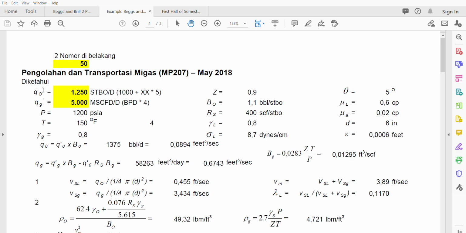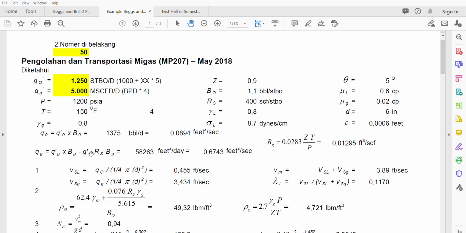This is the standard condition from after the separator, and you have all of the parameters here. Usually I use correlations for these numbers here. And then first we have to change the Q_o to become the condition in the reservoir and in the tubing.